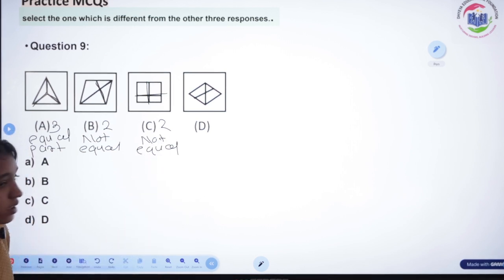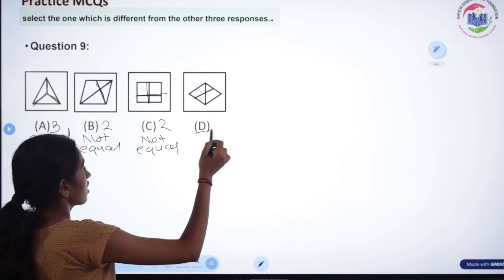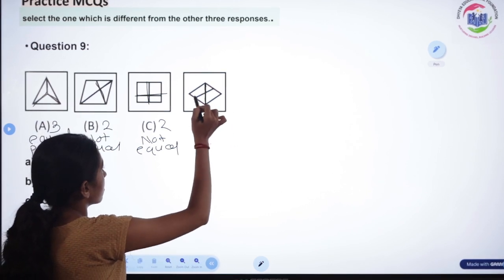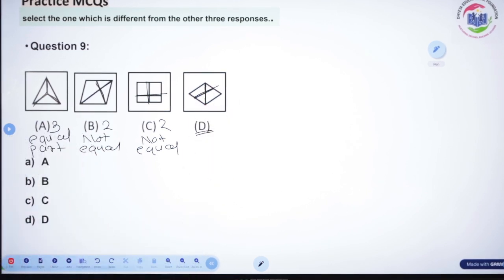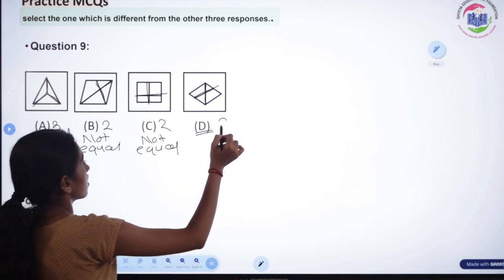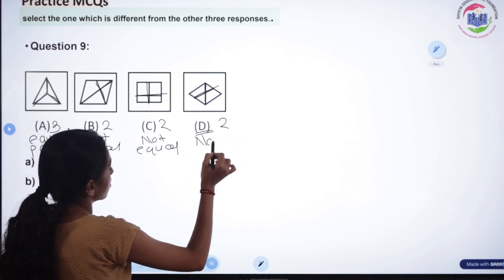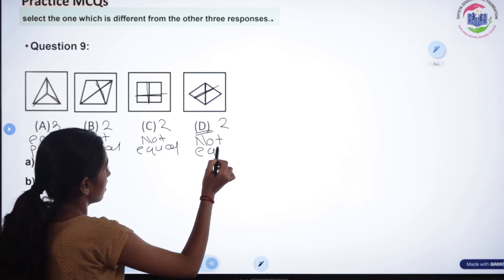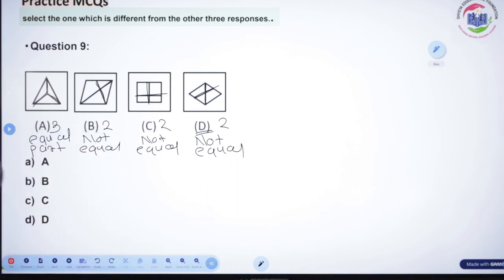Again, if you observe option D, it uses two lines, 1 and 2, and is not divided into equal parts. Then which one is the odd one out? Option A, B, C or D?